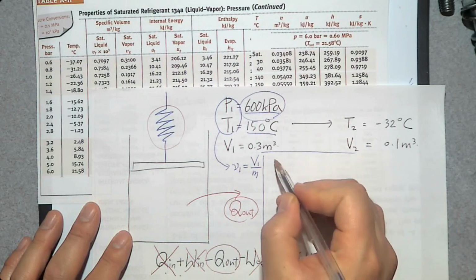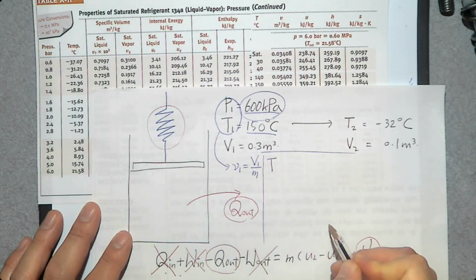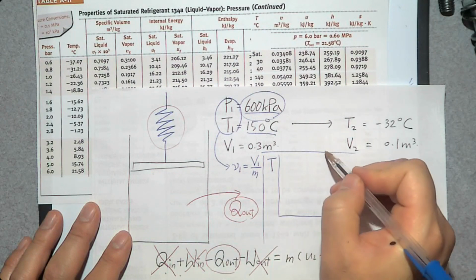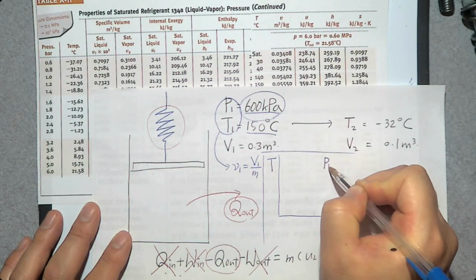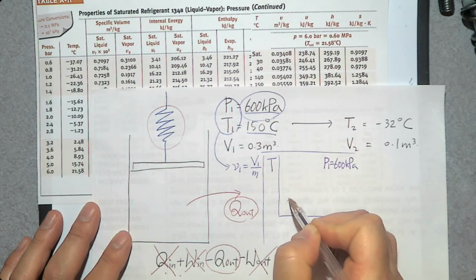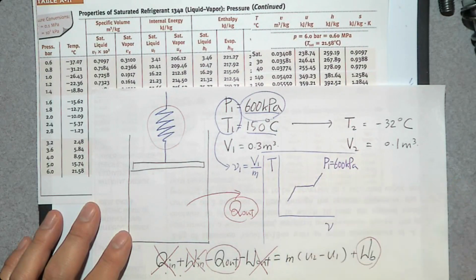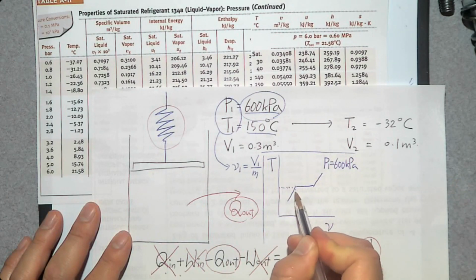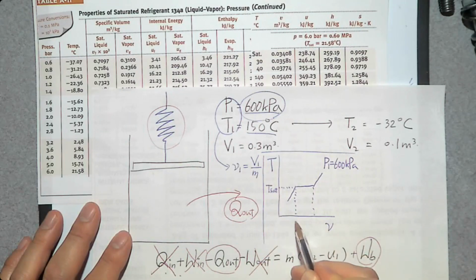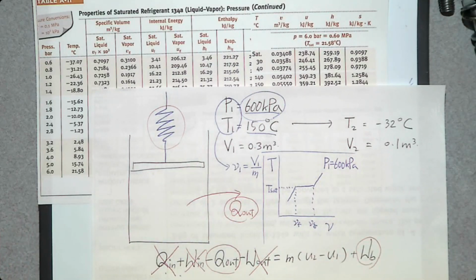So I'm going to make a PV diagram at the initial state P1, which is 600 kilopascal. To complete this PV diagram, we need to know three property values: T sat, vf, and vg.